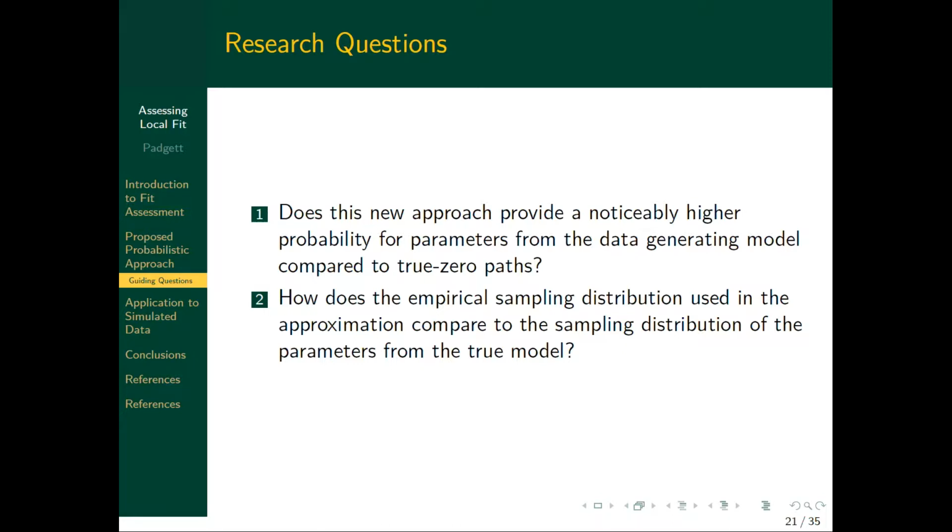The sampling distribution gives us information about how accurate the probability is. So if the sampling distribution we arrive at through the rope approximation method is very similar to the sampling distribution under the true model, if those two empirical and true sampling distributions match up, then we have evidence that we're going to do well at estimating these probabilities.